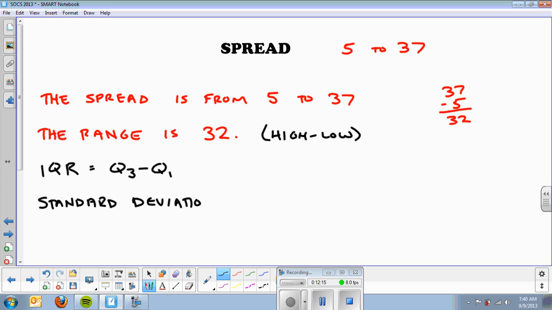The IQR you're going to pair with the median, because when we calculated the median, we calculated the quartiles and the 5-number summary. So the IQR is always paired with the median, and the standard deviation is always paired with the mean.